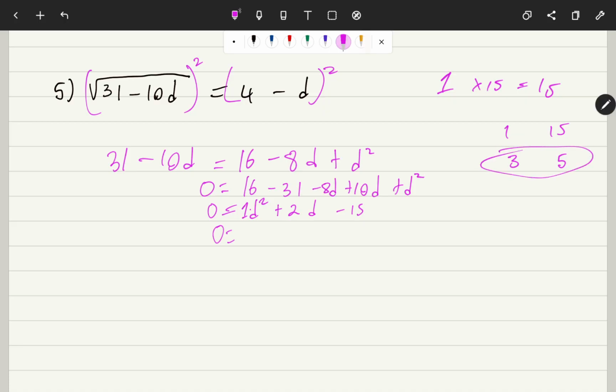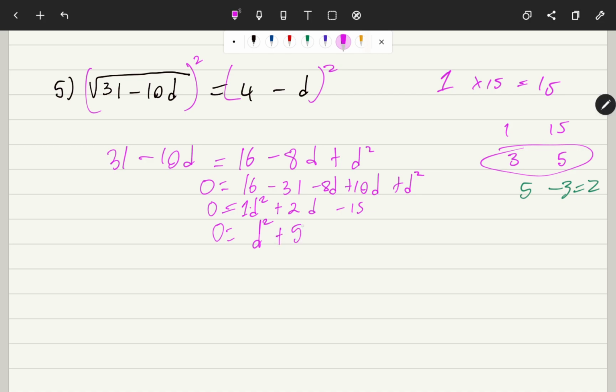It's this pair right here, right? So we take 5 minus 3, that is what? That is 2. So we're going to use that pair. You have d squared plus 5d minus 3d minus 15.